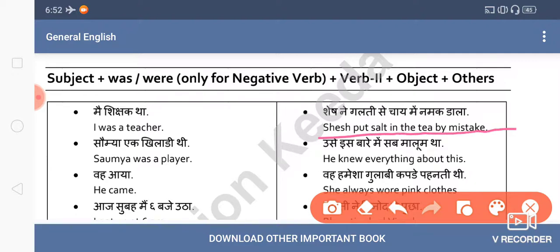You can see this sentence. Subject is she, then here it is verb put only. There is no helping verb. You can see straight away main verb: she put salt in the tea. So the subject is she, put is the verb, salt is the object, in the tea. So this is a transitive verb. You may be confused, sir, this formula tells something else, and why in this sentence, again in positive sentence, are we still using was?